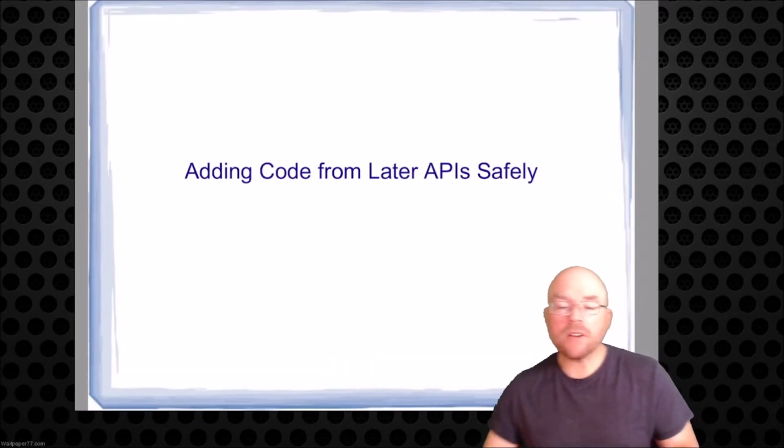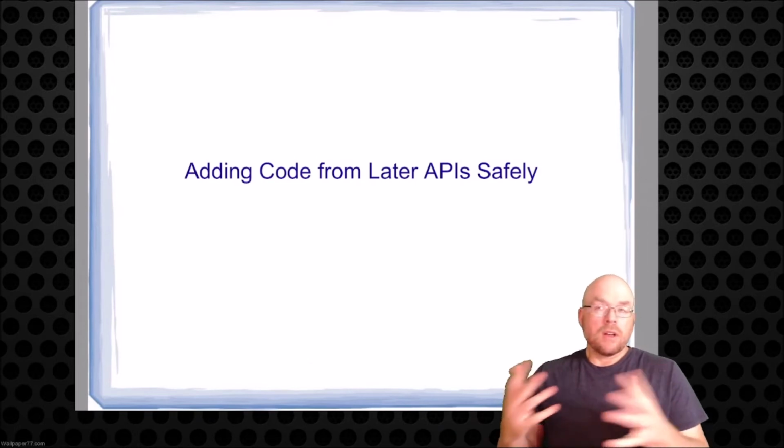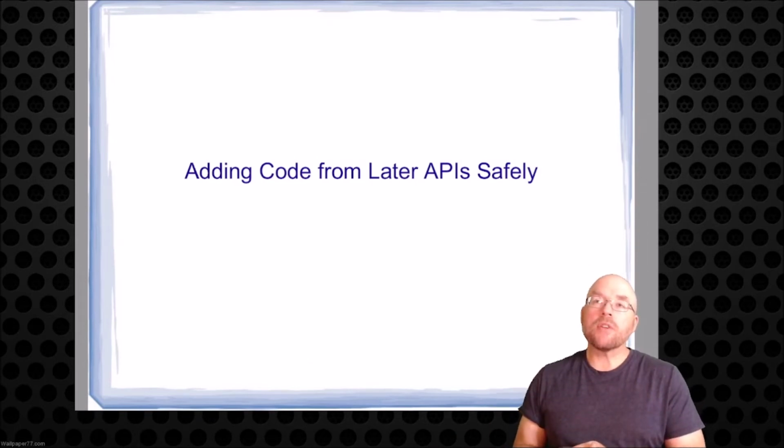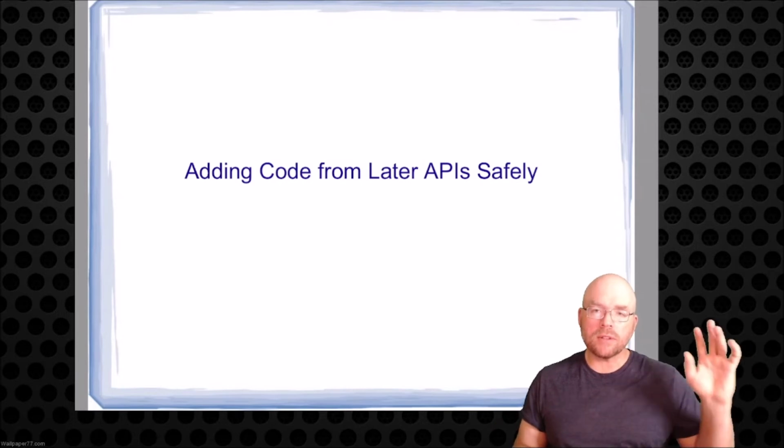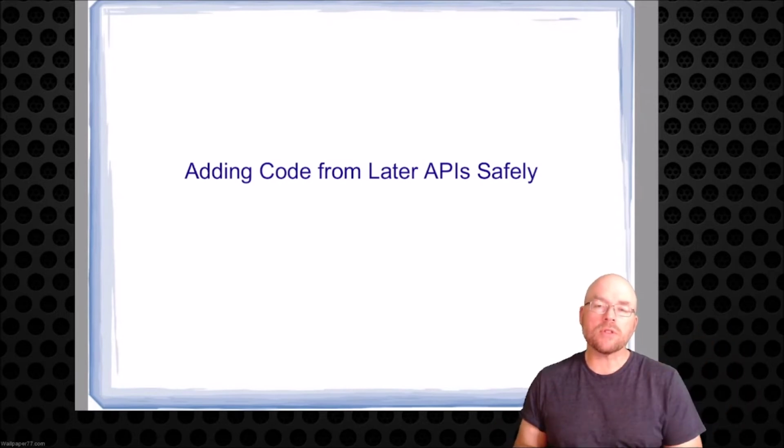Okay, so say your minimum SDK, the oldest Android device, is API 20, but there's a feature in API 28 that you want to add, but you don't want to mess with the people who are still running on API 20.